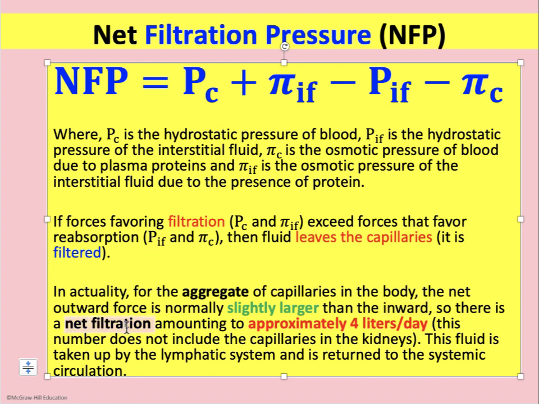So overall there's a net filtration of about 4 liters a day of intracellular fluid being generated. And that fluid cannot accumulate in the tissues, otherwise you get swelling such as edema.